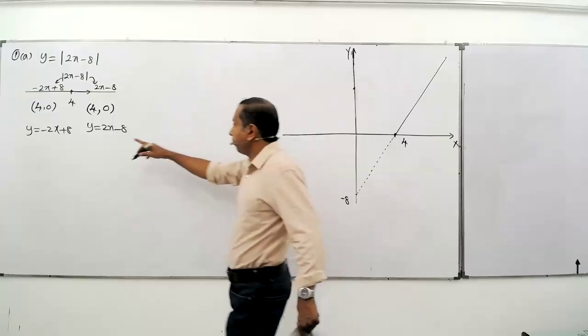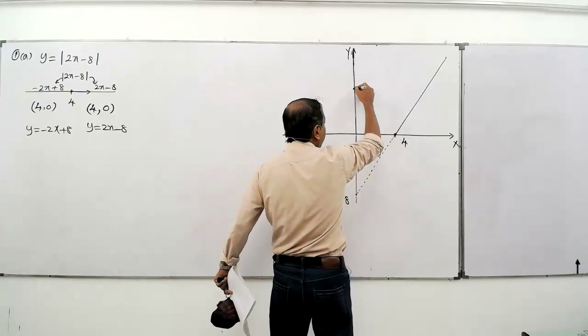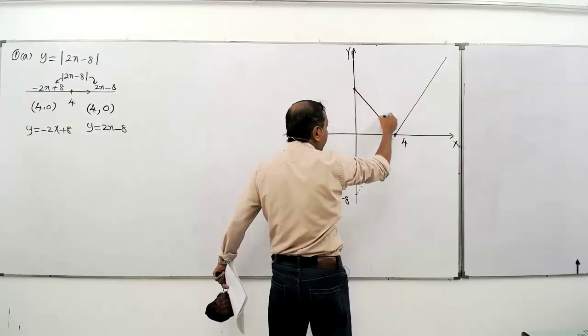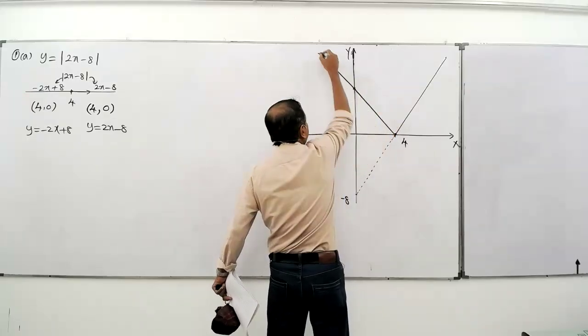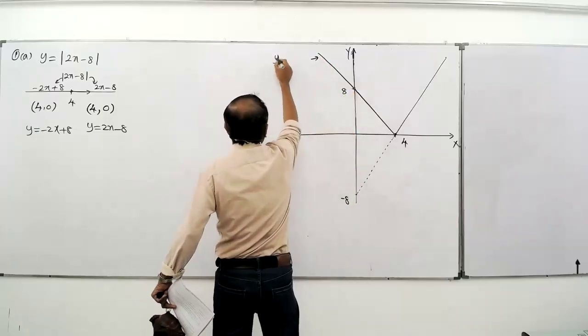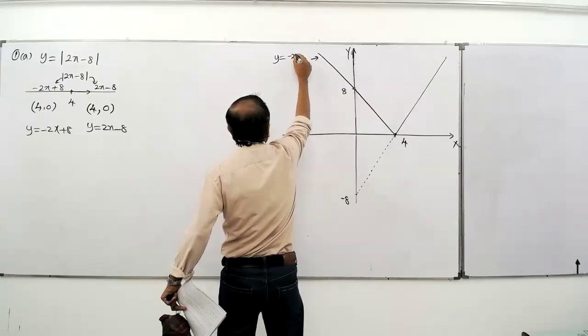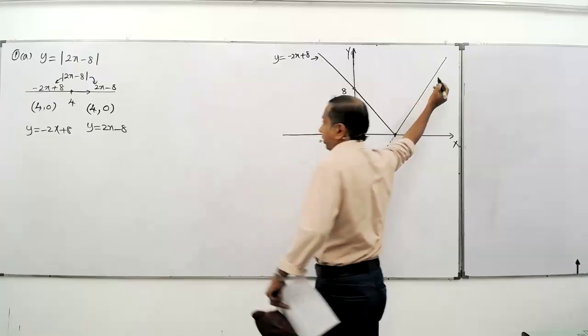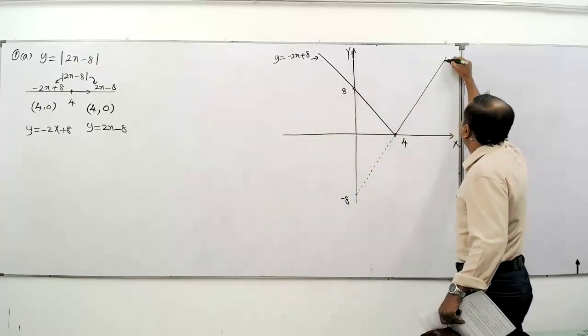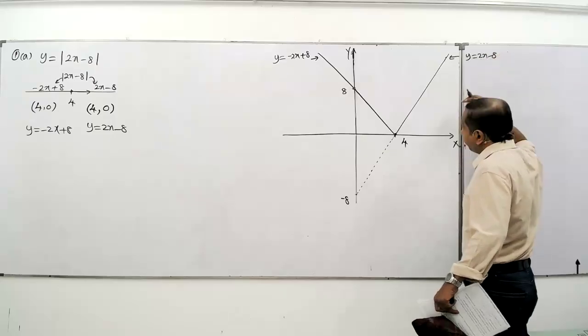So then this line passes through this point (4, 0) and plus 8. And then the line is this. This is the point 8. This equation is y equals minus 2x plus 8. This is y equals 2x minus 8. Okay, right.